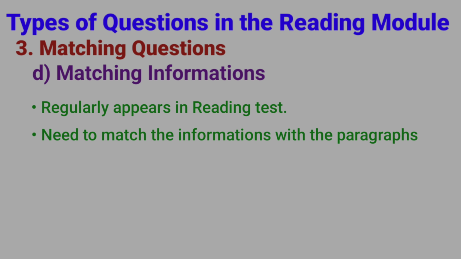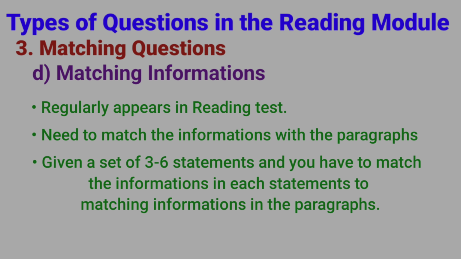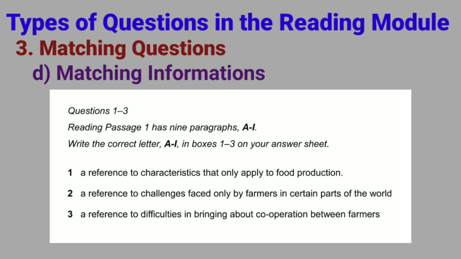Here, a set of 3 to 6 statements is given, and you have to match the information in each statement to the matching information in a paragraph in the reading passage. For example, here questions 1 to 3. Reading passage 1 has 9 paragraphs, A to I. Write the correct letter A to I in boxes 1 to 3 on your answer sheet.